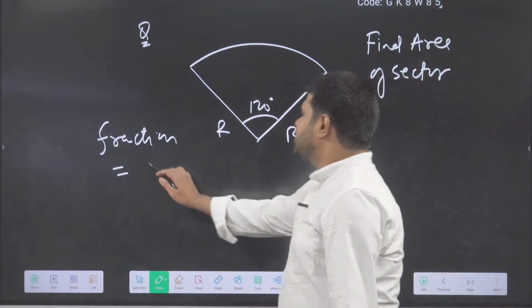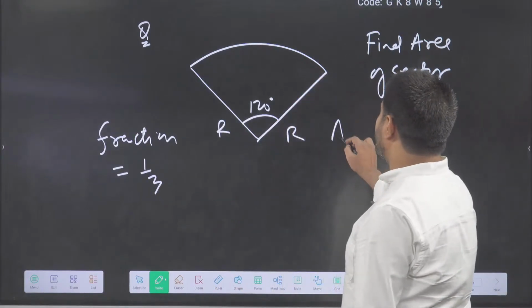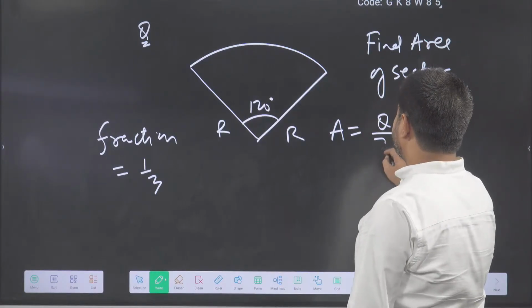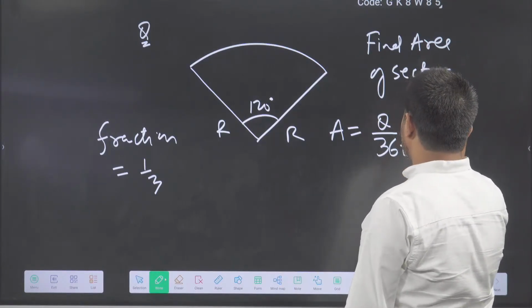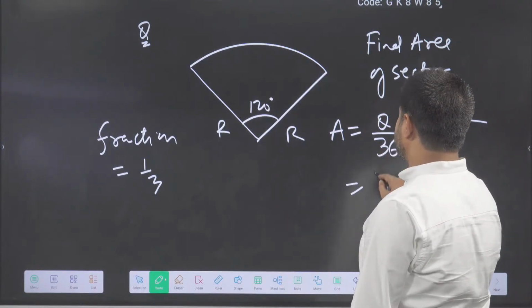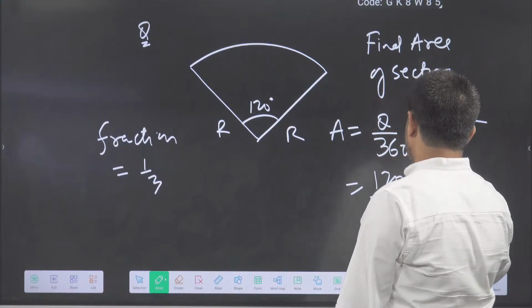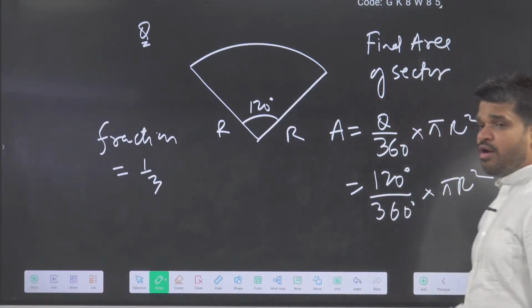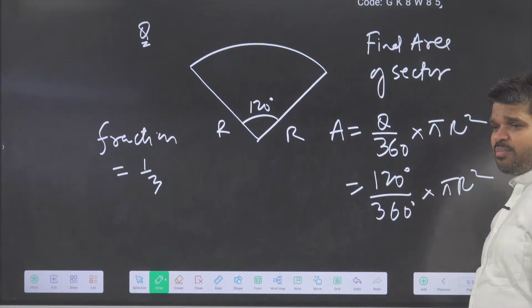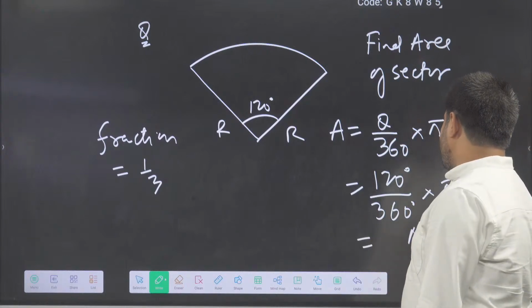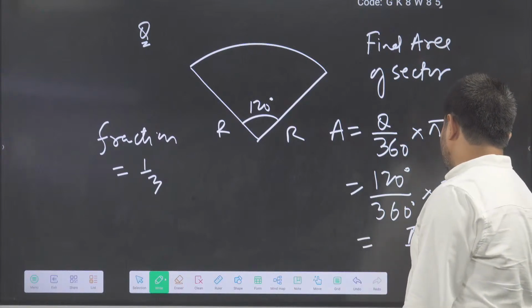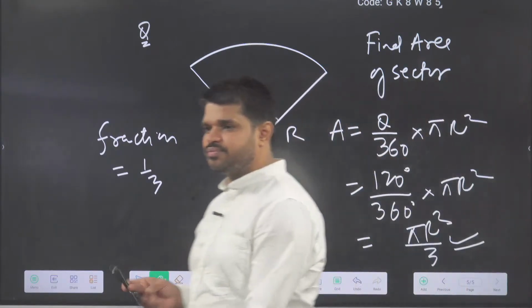Good. So 1/3, or let's do it with the formula. A is theta by 360 into pi r squared. What is theta? 120 by 360 degree into pi r squared. 120 by 360 is 1 by 3. So the answer is pi r squared by 3. Write it fast.